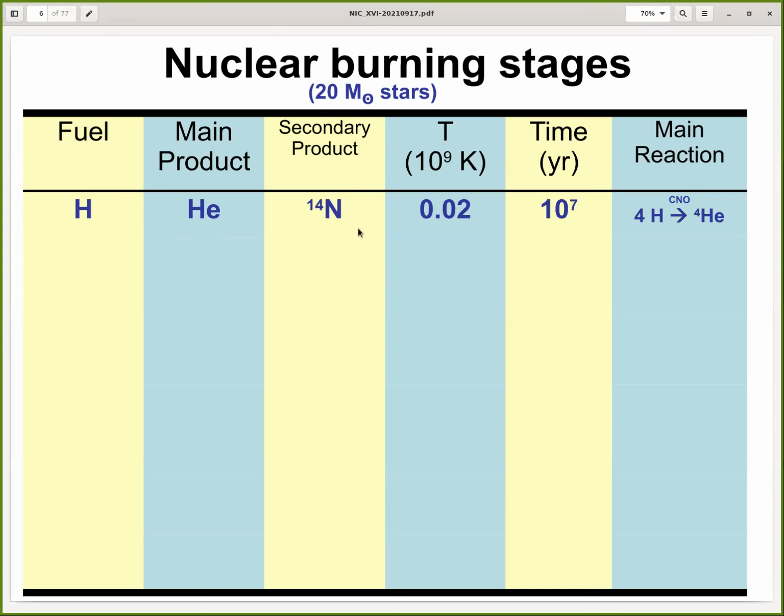There's also some secondary product, nitrogen-14, and we'll discuss a little bit how this comes about and what the meaning of that is. Typical burning temperature for this kind of star is of the order of 20 to 30 million Kelvin. So the unit here is 10^9 Kelvin, gigakelvin. And for a 20 solar mass star, the lifetime of that hydrogen burning phase is about 10 million years.